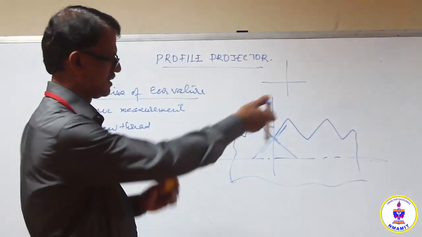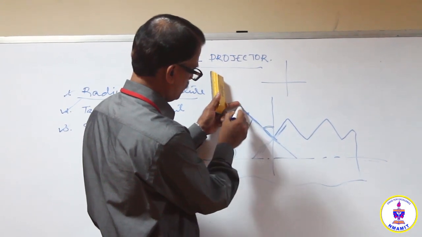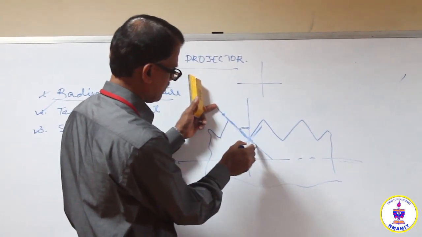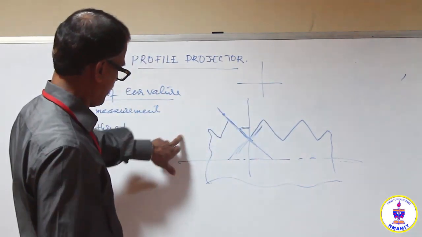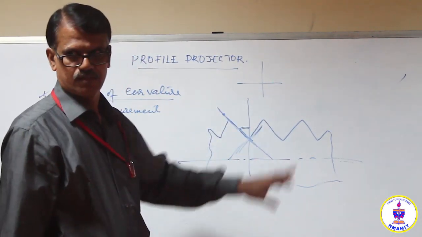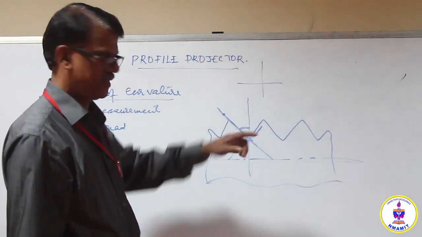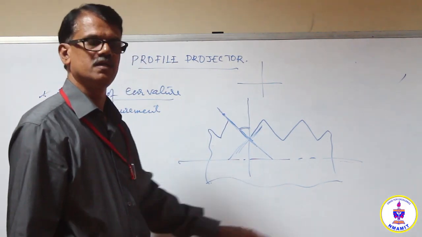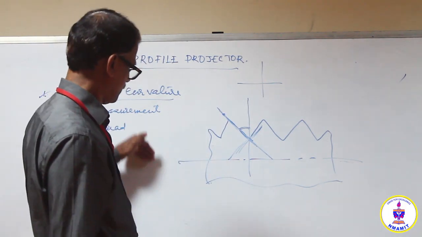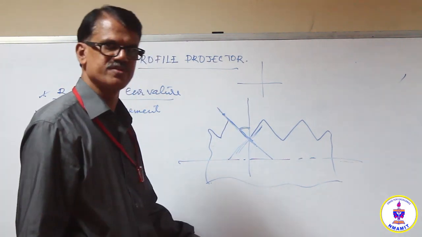Rotate the screen such that one of the cross wires is made to coincide with a flank. Take the corresponding reading on the protractor. The profile projector screen can be rotated, and on the rim of that screen, a protractor is marked. It's a vernier protractor with degree reading, and on the vernier, minutes reading.